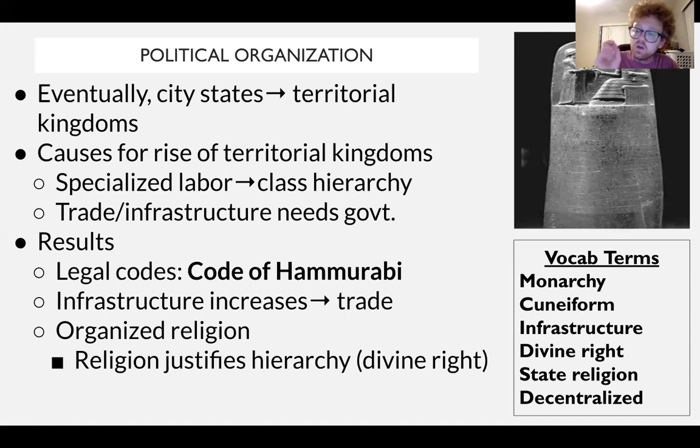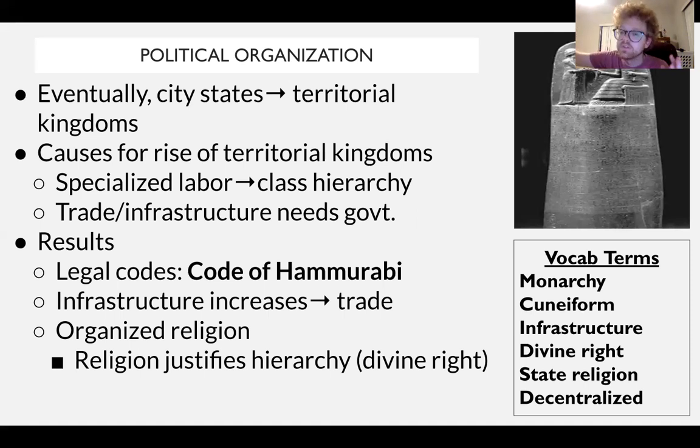So organized religion is not only going to codify social and cultural beliefs, but it's also going to be heavily utilized by these new monarchies to provide explanation for why they should be in charge. And this idea is known as divine right.